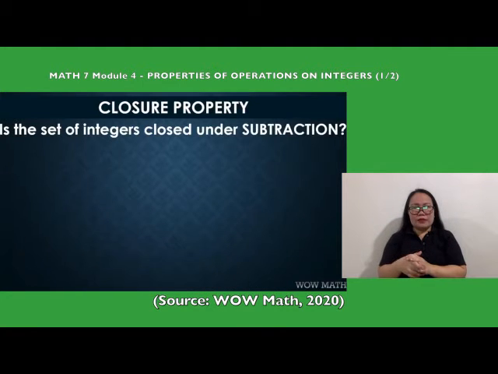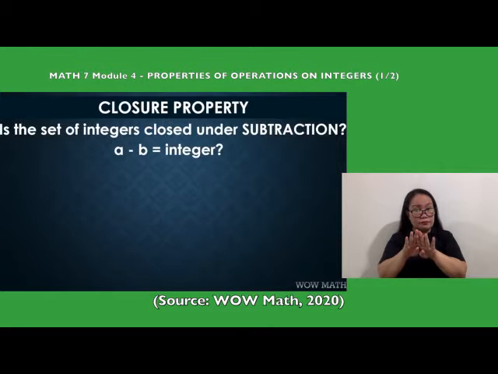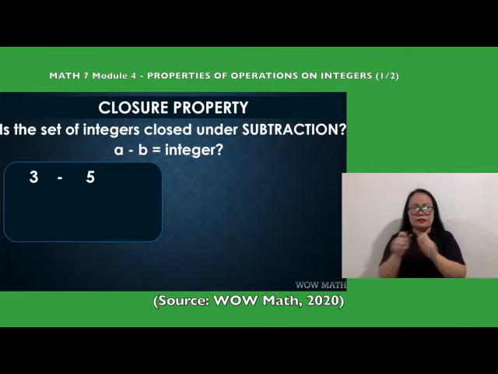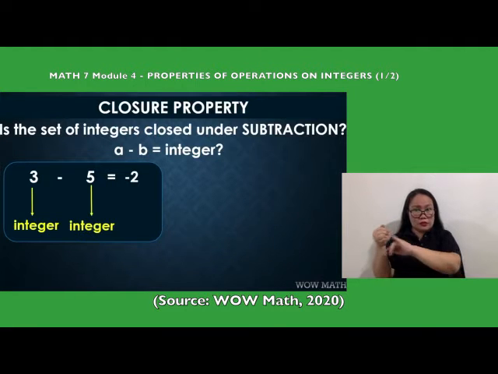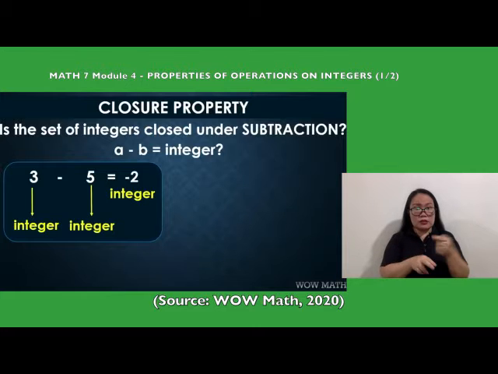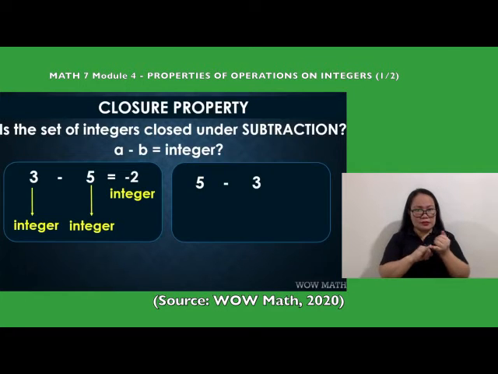Is the set of integers closed under subtraction? If I have a minus b, will the resulting difference also be an integer? Let's see. If I have 3 minus 5 is equal to negative 2. 3 is an integer, 5 is also an integer, and the resulting difference is also an integer. Subukan nating pagpalitin.